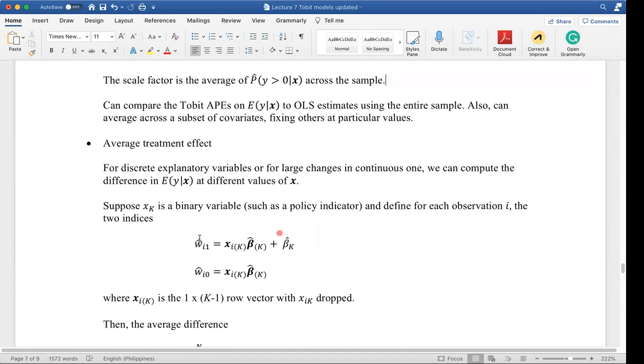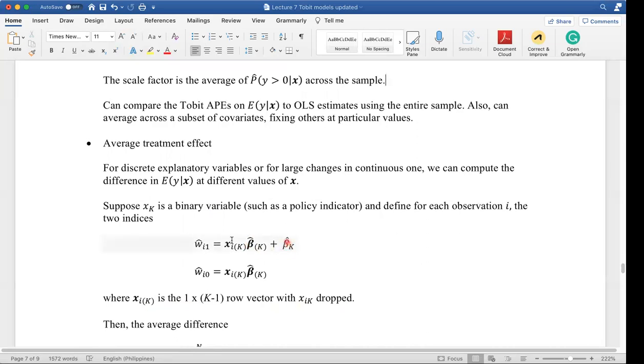Okay. Therefore, if you have the treatment, then you would have w sub i1 hat is equal to x sub ik beta hat k plus beta hat k, where x sub ik is the 1 by k minus 1 row vector with x sub ik dropped. That's why you truncate also the beta hat vector.